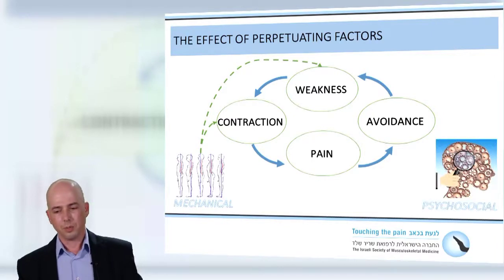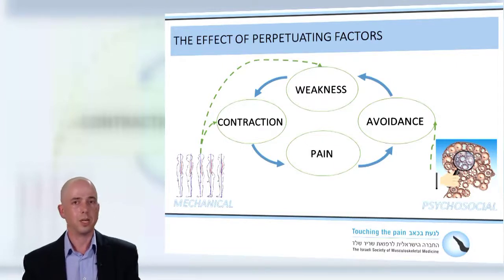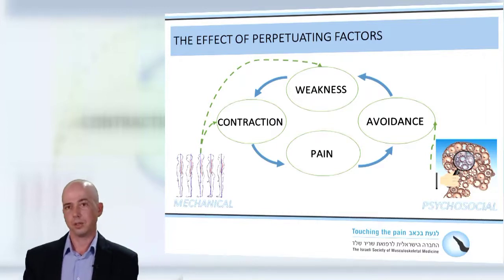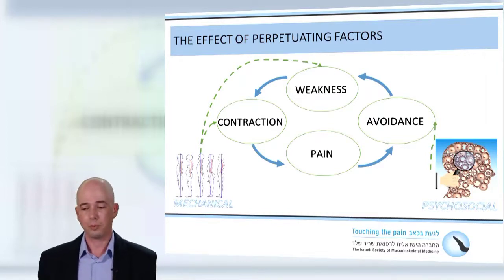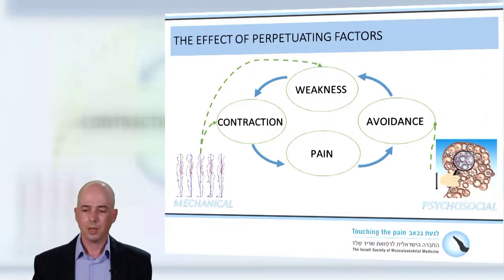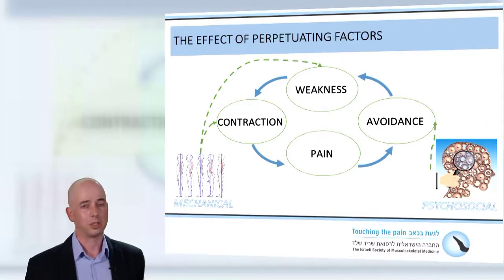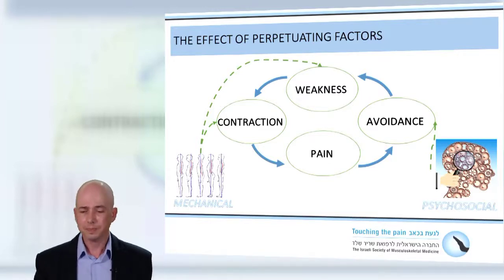Psychosocial perpetuating factors may cause avoidance because many patients, when they are in pain, try to avoid aggravating the pain, so they avoid several activities that may aggravate pain, like physical activity, like work, like social activity in severe cases. And this avoidance is aggravated by several psychosocial states like depression, anxiety, and litigation.